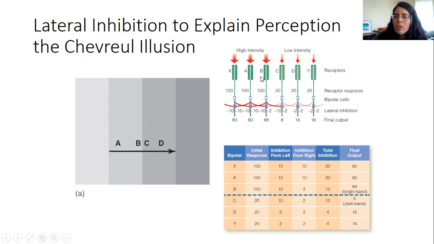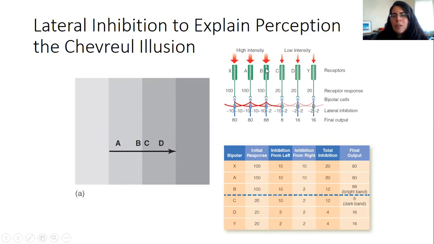So the net response of cell B, it's receiving more inhibitory energy from one cell to the other, and it's getting less inhibitory energy than A, is that its net response is higher, and it causes that bump or that increase in intensity of light. Okay? That's accounting for this light band or bump up in brightness that's happening at the changeover from B to C.